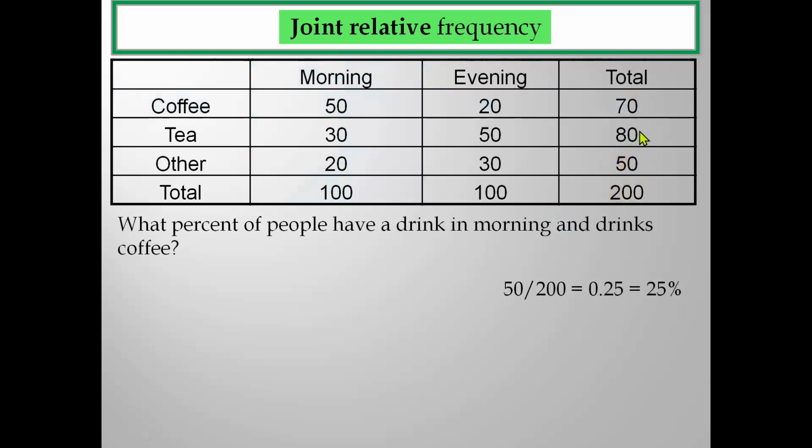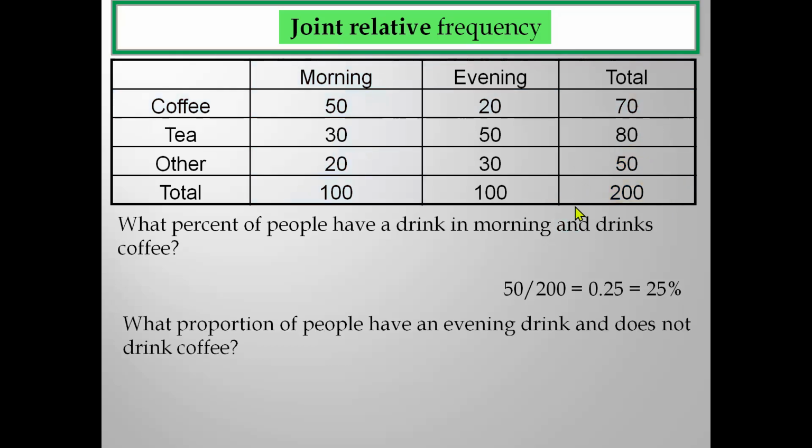Let's look at another example with joint relative frequency. The question asks, what proportion of people have an evening drink and does not drink coffee?